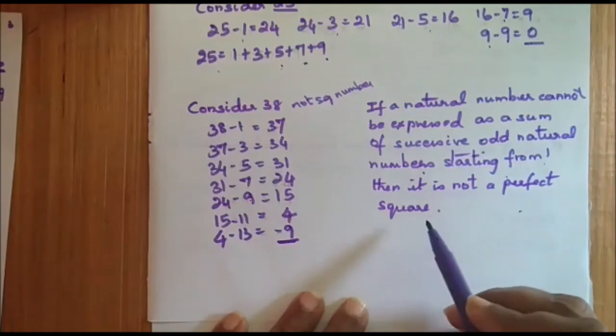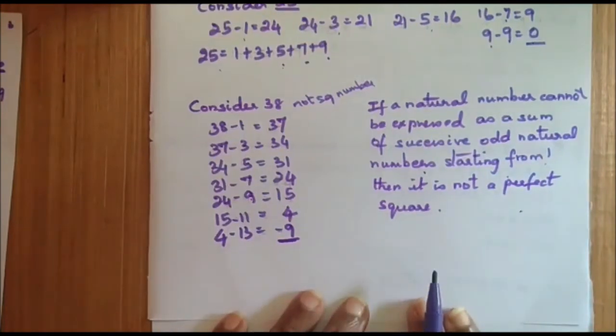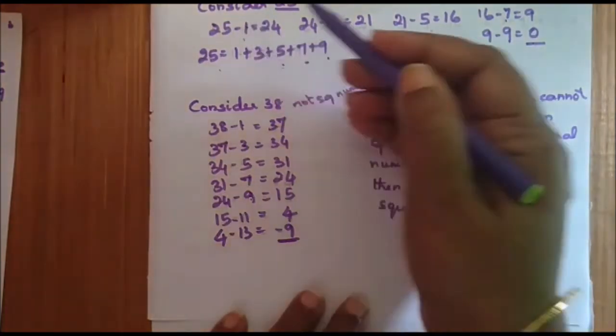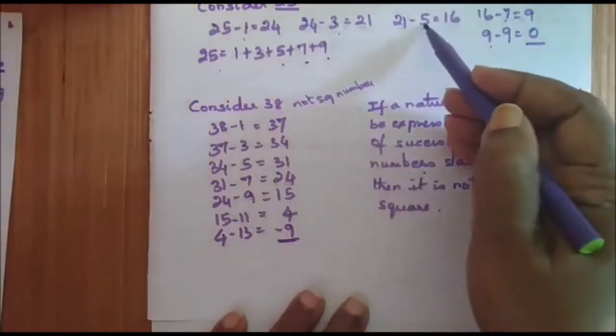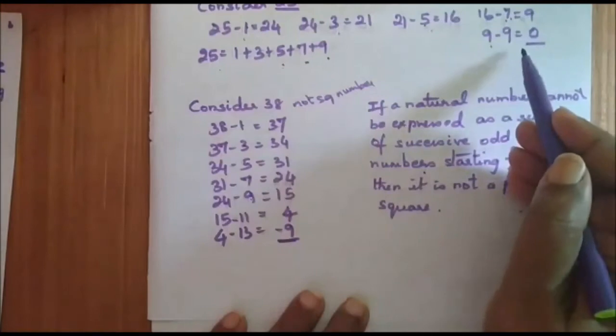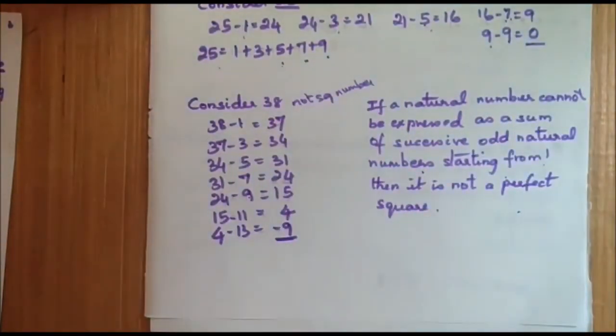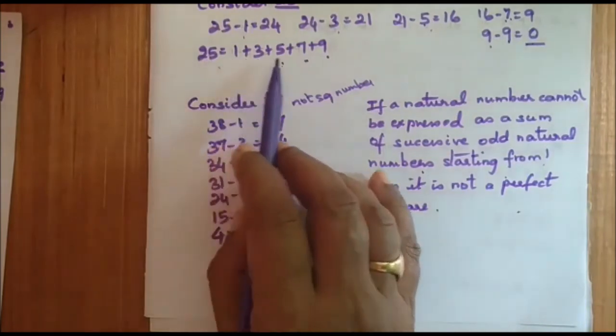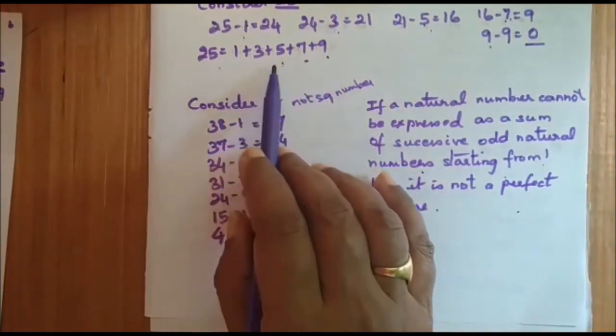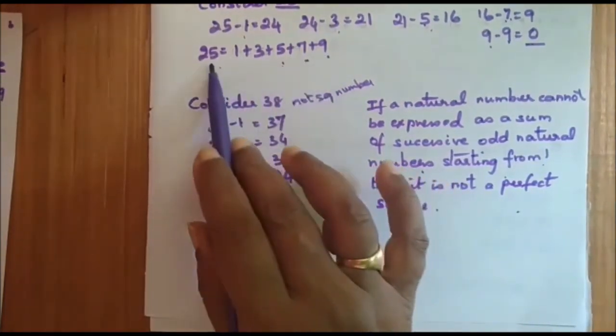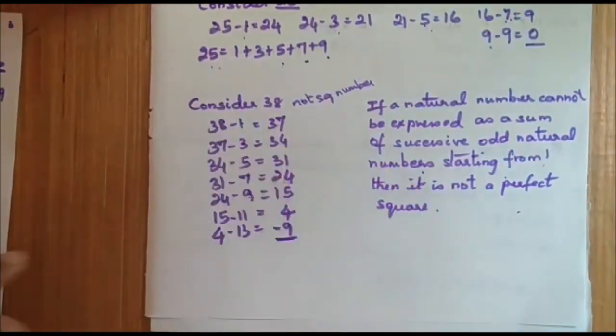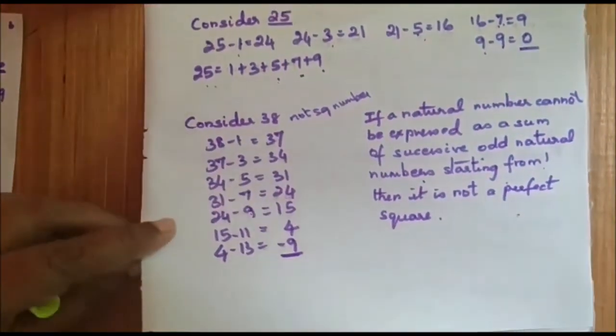I hope you understood this property. How did we do it? First subtracted 1, then 3, 5, 7, 9. I got the answer 0. So 25 is a perfect square. When I add all these successive odd natural numbers, I get 25. I hope you understood how we did this.